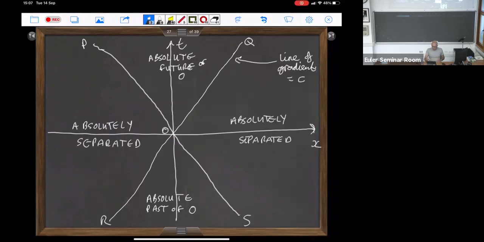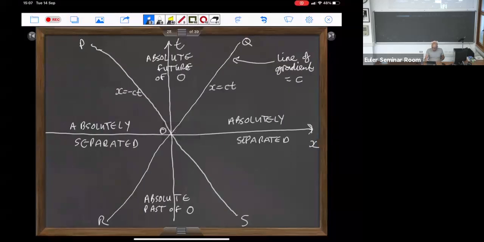The reason for it is, maybe I wrote this on here, see these diagonal lines, P to S and R to Q, those are the lines along which light would travel. So any object moving at the speed of light would live along those two lines, because those two lines are the solutions of x squared equals c squared t squared.